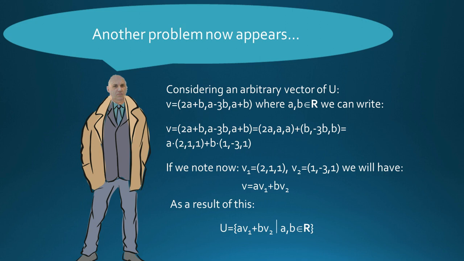If we now note v1 = (2, 1, 1), v2 = (1, -3, 1), we will have v = a v1 + b v2. As a result of this, U is the set of all a v1 + b v2, where a, b belong to R.